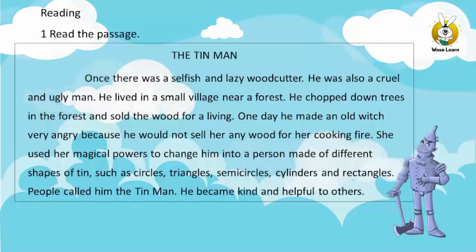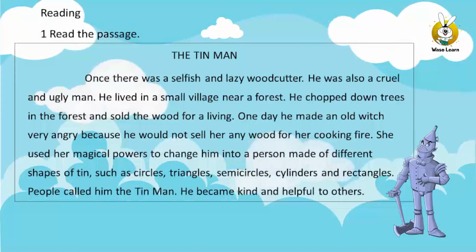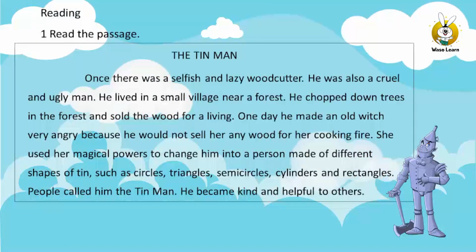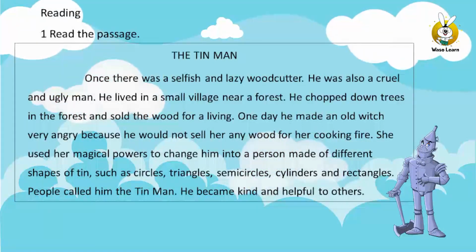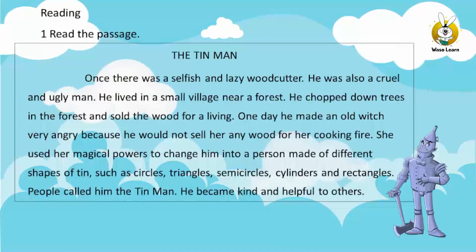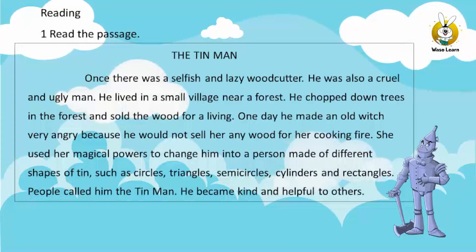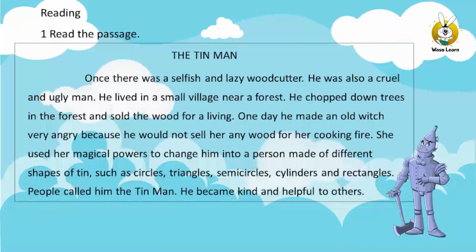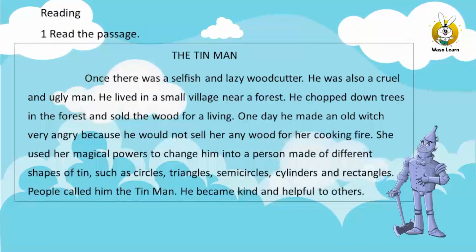The Tin Man. Once there was a selfish and lazy woodcutter. He was also a cruel and ugly man. He lived in a small village near a forest. He chopped down trees in the forest and sold the wood for a living.